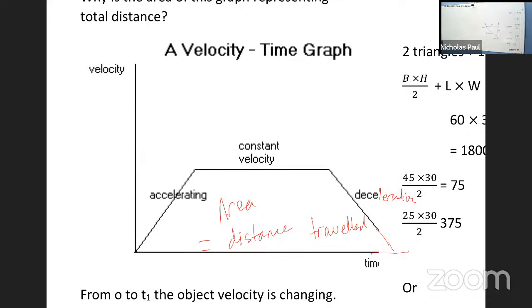If you look at this graph, it shows you all the way up until here, acceleration, all the way down here, deceleration, and here, no acceleration or constant velocity. Okay? Are you okay with that?